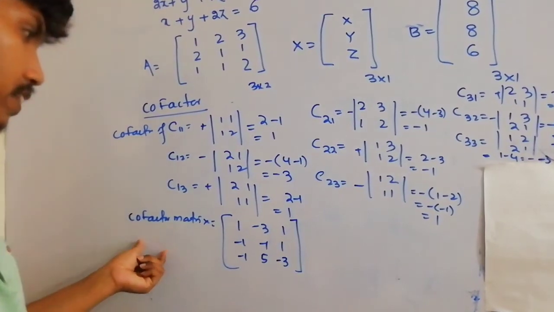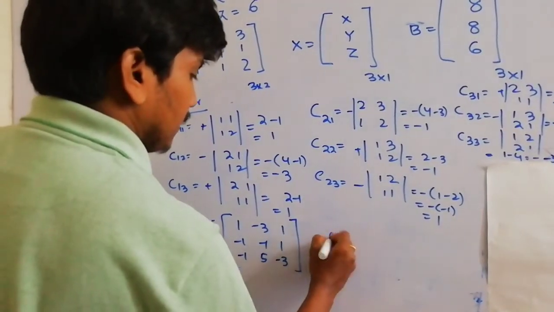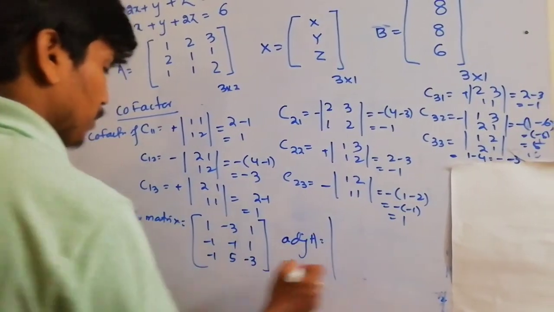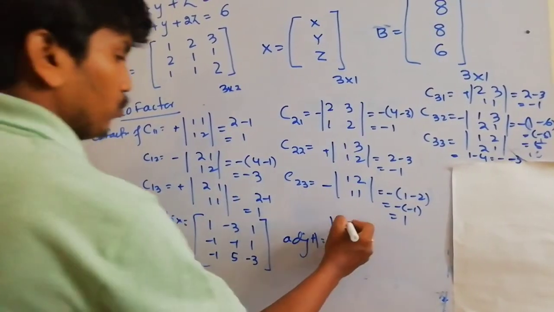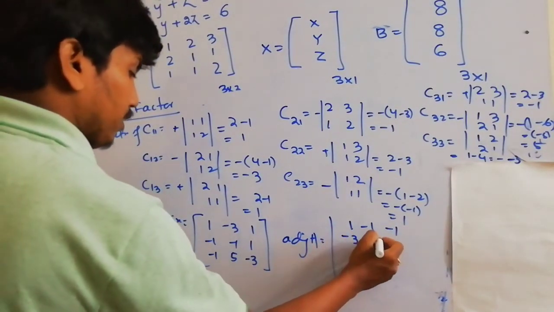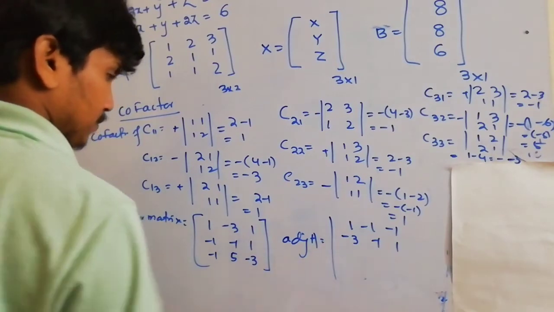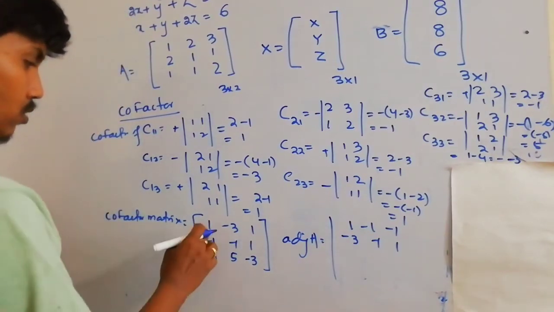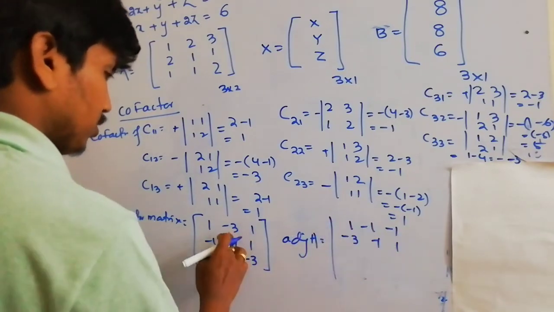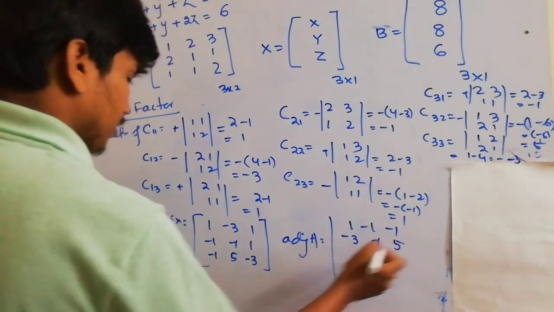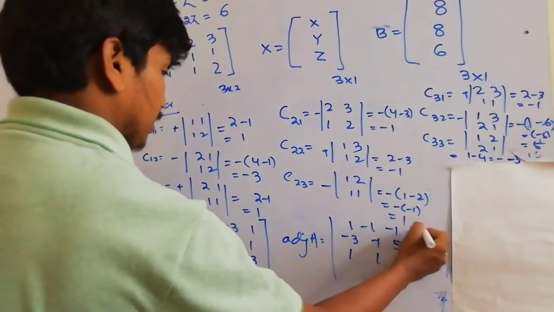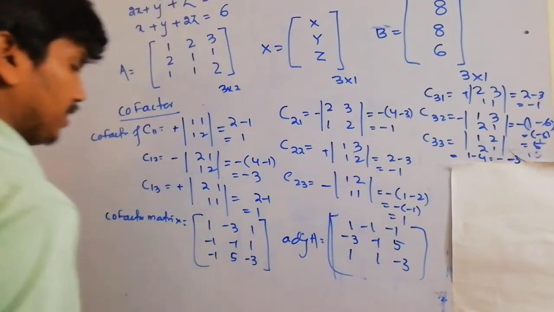This is the cofactor matrix, and the adjoint matrix is obtained by converting rows into columns: 1 minus 1 minus 1, minus 3 minus 1 5, 1 1 minus 3. This is the adjoint matrix.